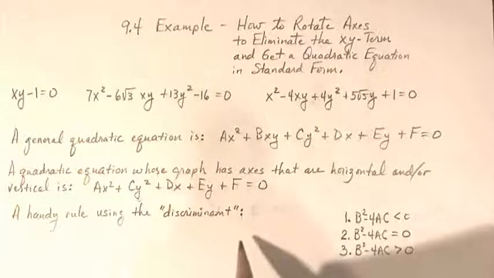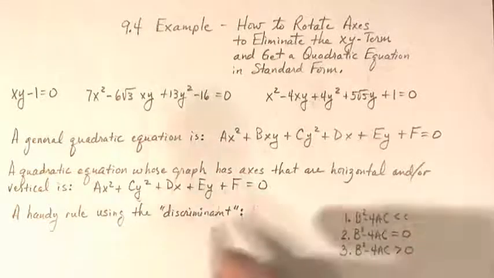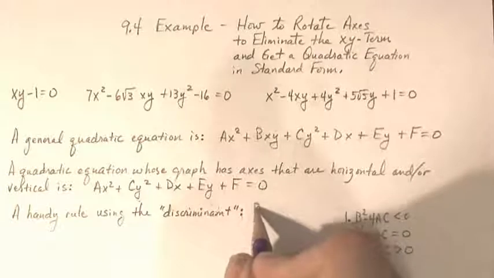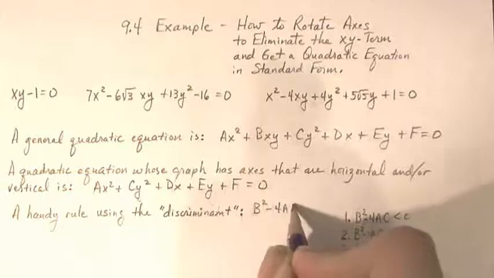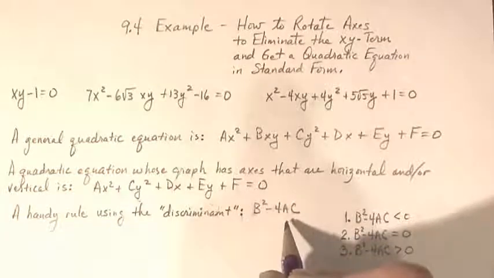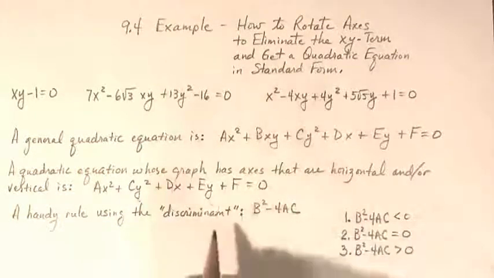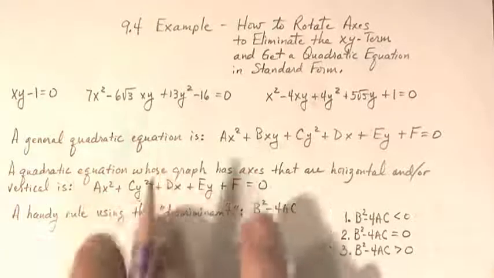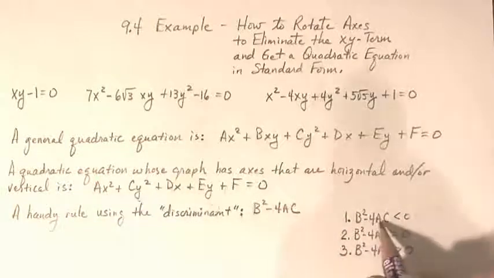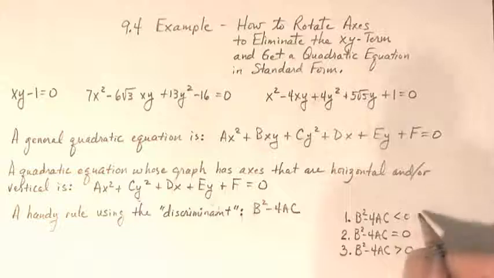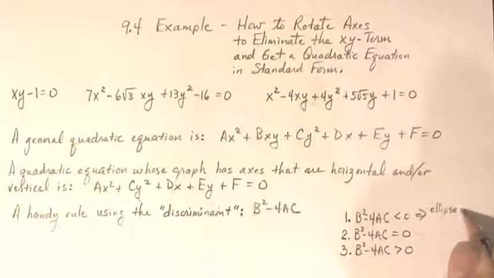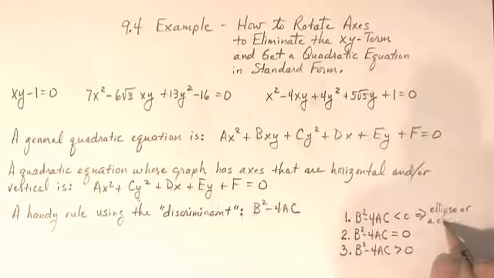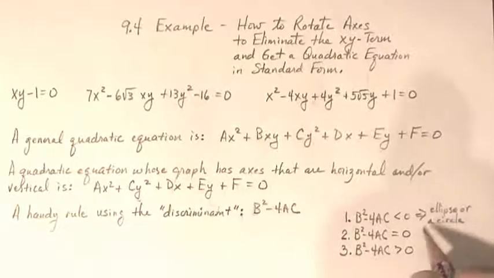A handy rule to use is the discriminant, which, if you remember, is b squared minus 4ac. That comes from the quadratic formula. This is a good rule to use before you even get started, because if this discriminant is negative, this is going to imply that your graph will either be an ellipse or a circle.